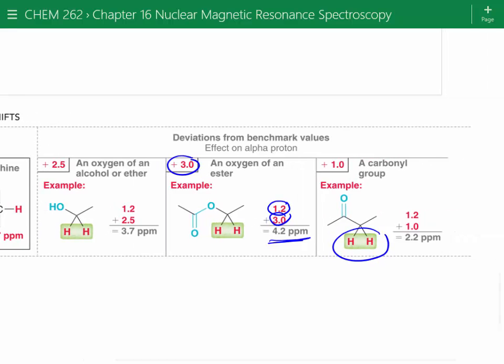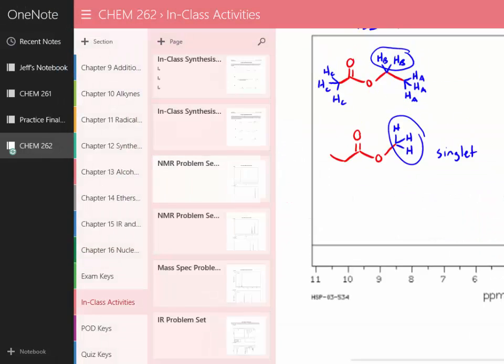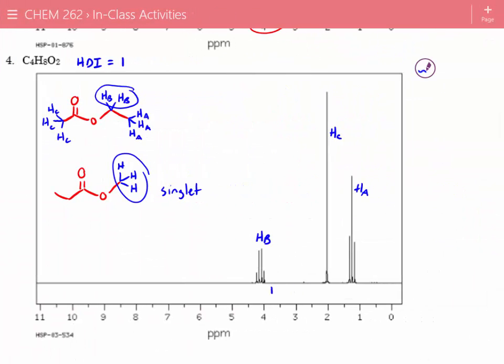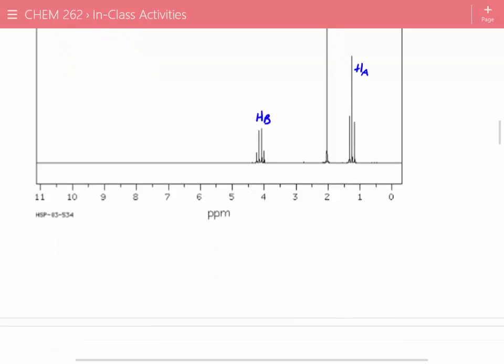And it's right next to an ester. So we'd say 0.9 plus 3 wouldn't be 4.2, it would be 3.9 ppm. And if we go back to our in-class activity, we can see that our singlet isn't over in this region, it's actually over near 2. So we have evidence showing that it's not going to be this one. In fact, it's going to be the one on the top here. So let's erase this just so we're not confusing people. And let's go on to the next one.